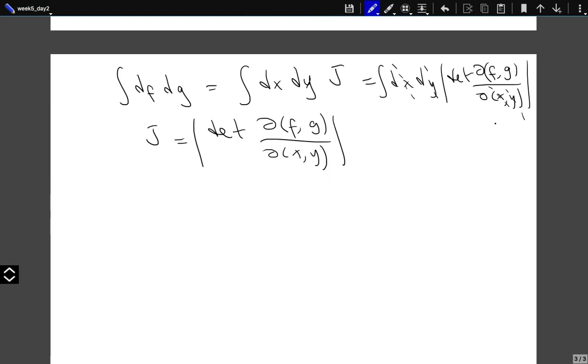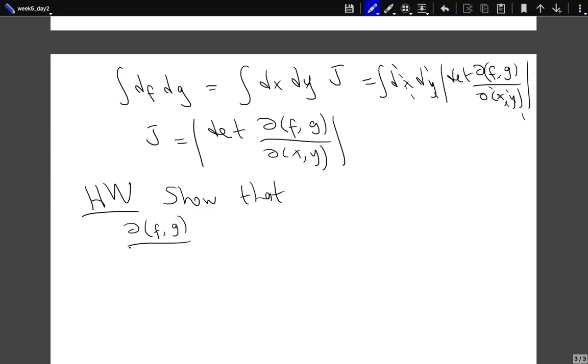Now, why is it useful? This is equal to 1 over the inverse Jacobian.